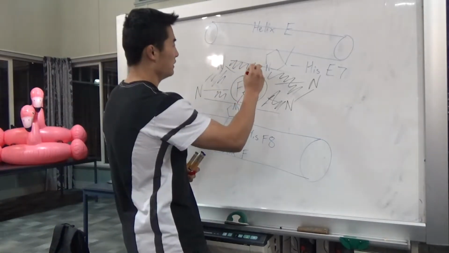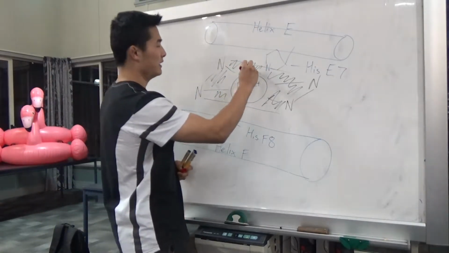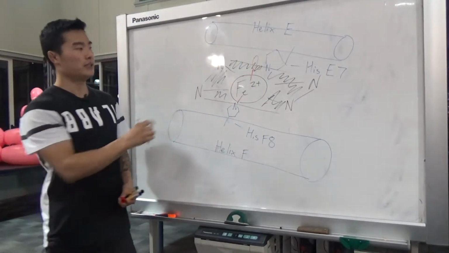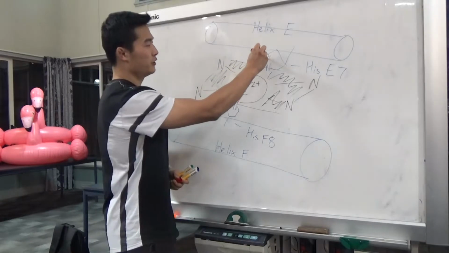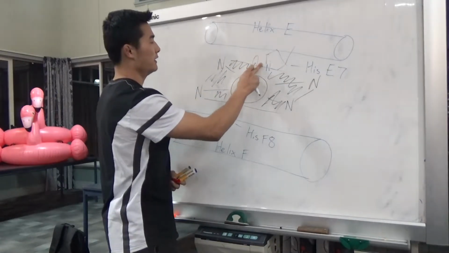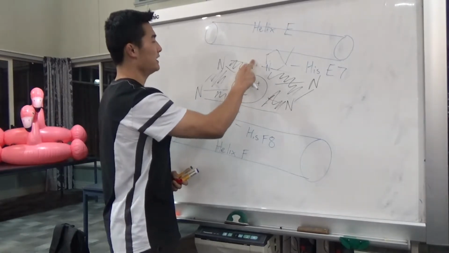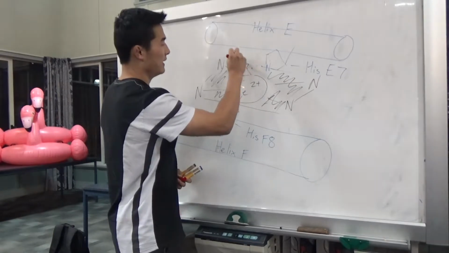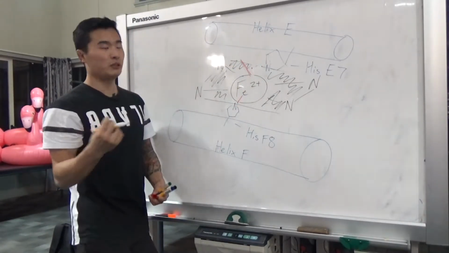So if histidine E7 wasn't there, oxygen would bind like that, but that's going to be too close to the histidine E7. So in the presence of the histidine E7, oxygen is going to bind at an angle like this, and that's going to be a weaker bond.